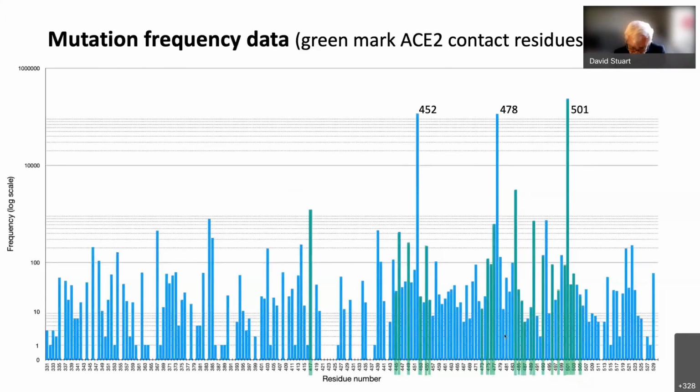This is what you find. And if you put the frequency, the number of times a mutation is observed in the database, at 10, you have a very large number of possible mutations, particularly enriched in the ACE2 binding region around here. Obviously, the variants really stick out like a sore thumb, as you'd expect.